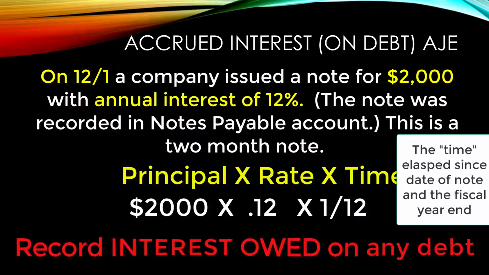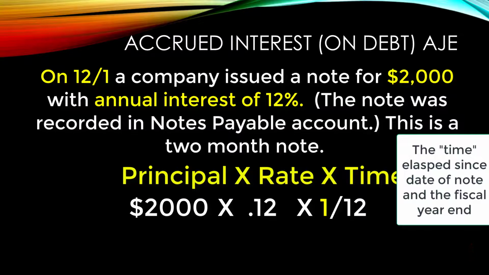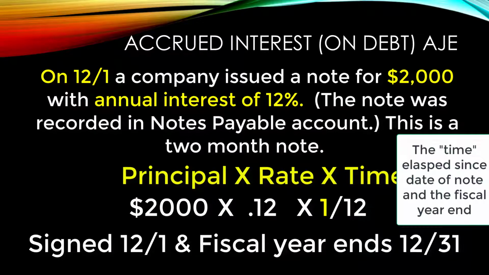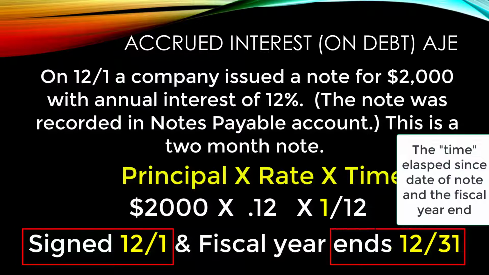The time factor is where students have trouble. T for the time formula is the time that has elapsed between the date the note was signed and the end of the fiscal year. Since the note was signed on December 1st and the end of the year is December 31st, there is 1 month or 1/12 of a year's worth of interest that needs to be accrued.